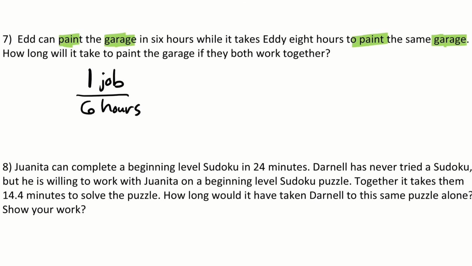Now, if I combine that rate with the rate that Eddie can contribute, then I could ask, how fast can they do this one job together? Eddie's rate is he can do this one job in 8 hours. So that's me combining the rate of Ed plus the rate of Eddie, and the question is, what do I get when I combine those rates?